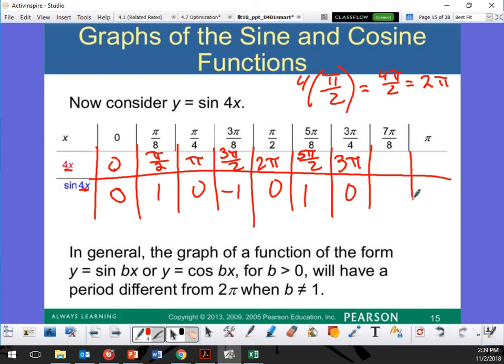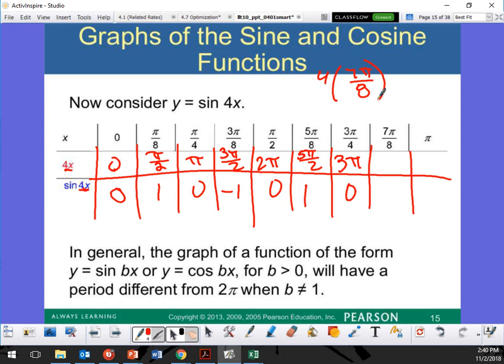So again, mental math. It's going to be 4 times 7 pi over 8. Don't multiply by the top. It's mental math here.